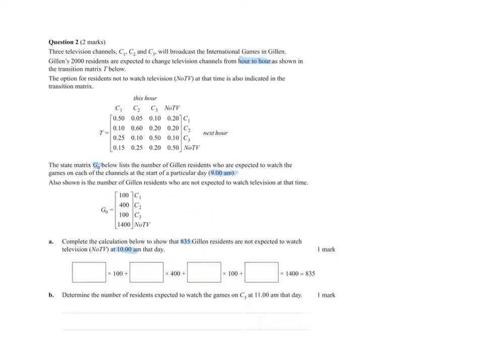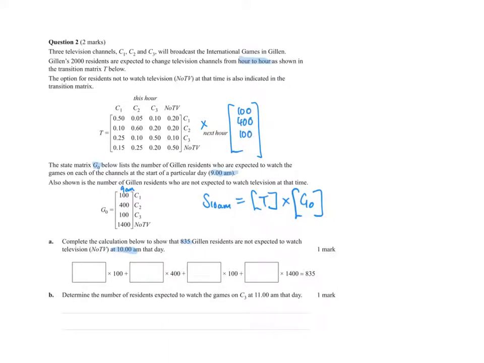So we've got to remember this is 9 a.m. If we were getting state 10 a.m., we do the transition times G0, which is the hour before.